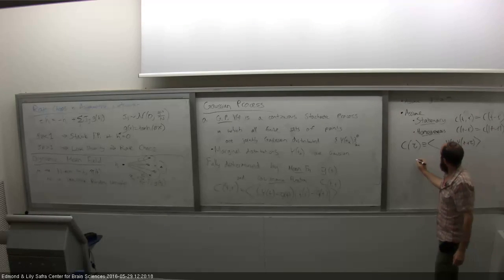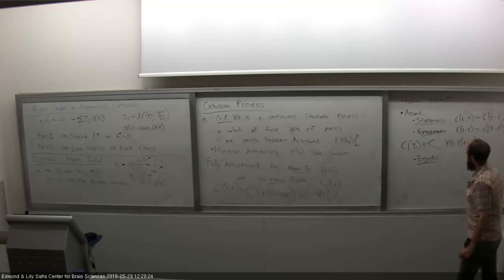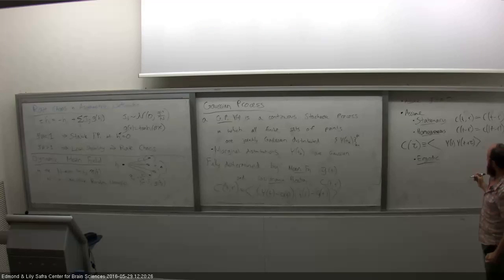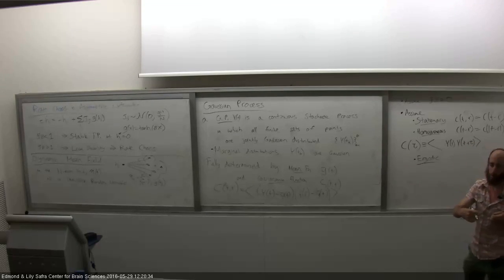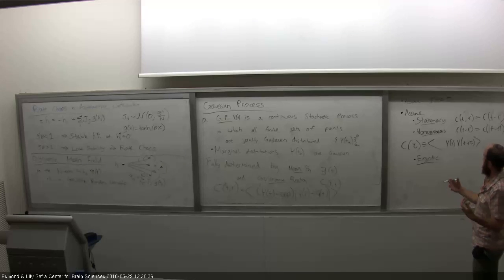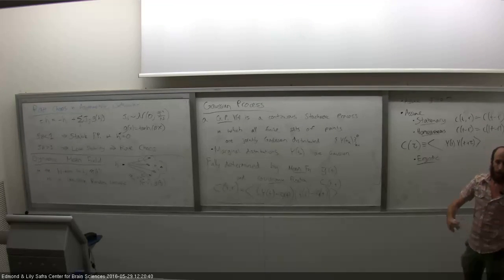But we have this additional assumption of ergodicity. That means that basically the random process samples its own probability distribution over time fully, such that taking the ensemble average is identical to taking long time averages.